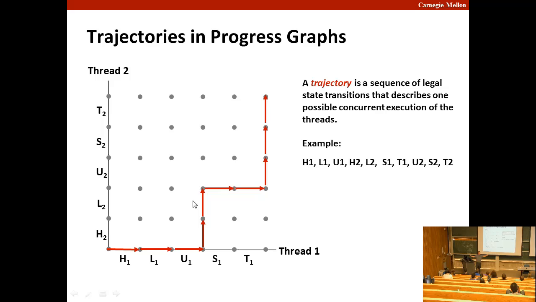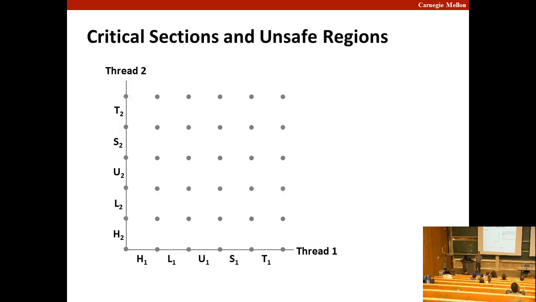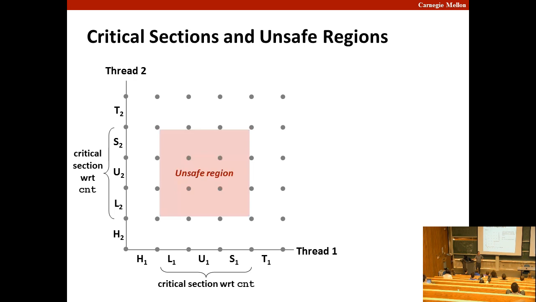They both are thinking 5. Now this one does its store, writing out 6, and then the tail. And this one does its update going from 5 to 6, and then stores a 6, and then the tail. So now we have a problem.